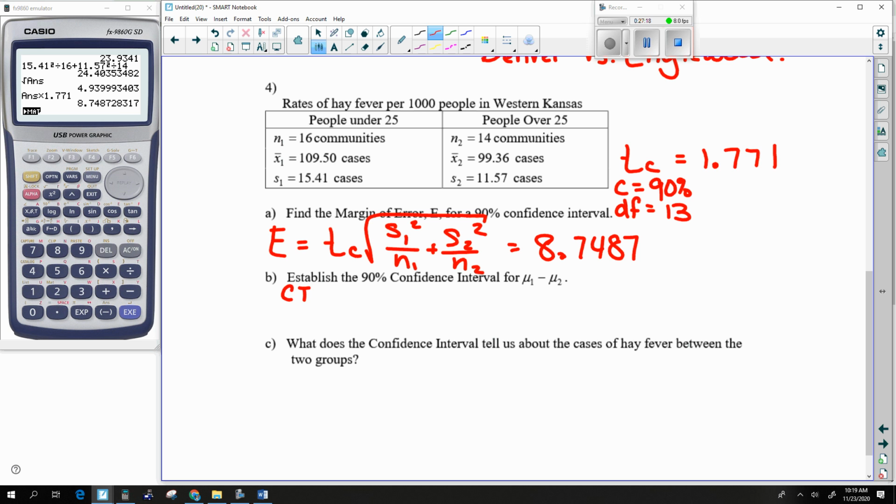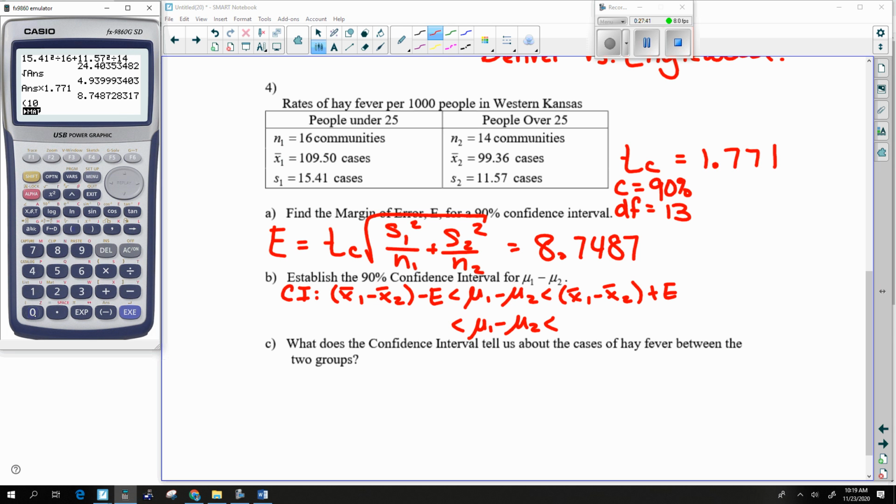The confidence interval in this situation, again, x bar 1 minus x bar 2 minus E is less than mu1 minus mu2 is less than x bar 1 minus x bar 2 plus E. All right, so here we go.